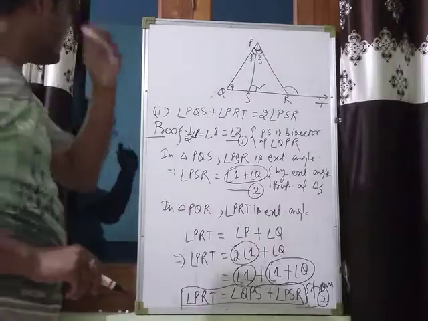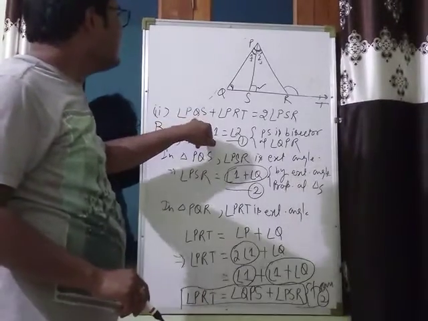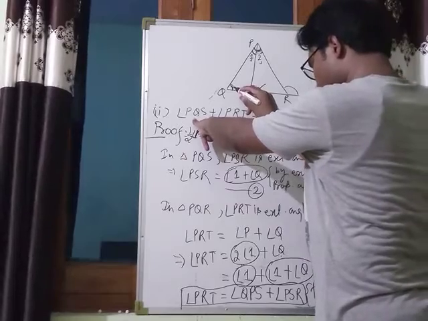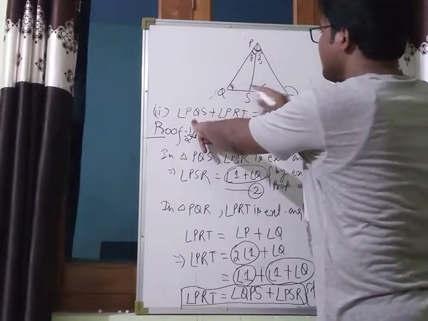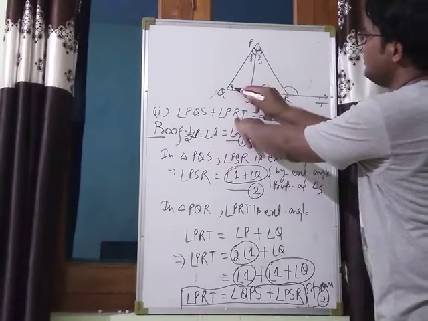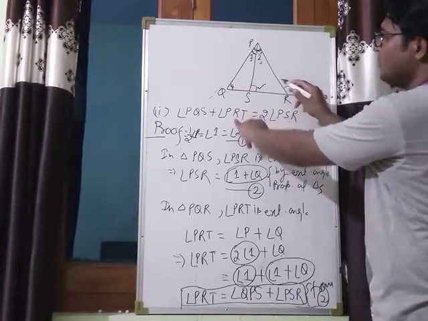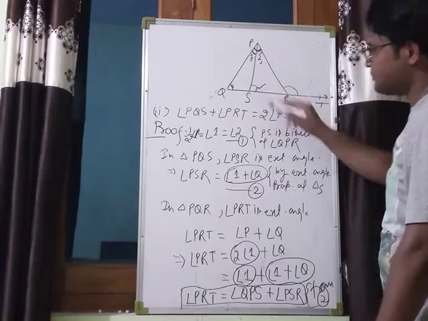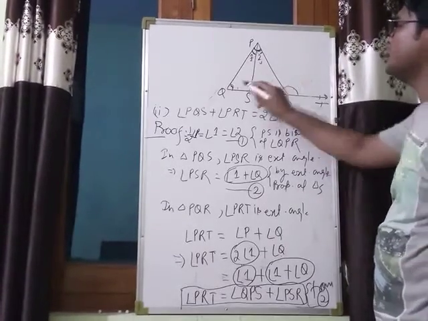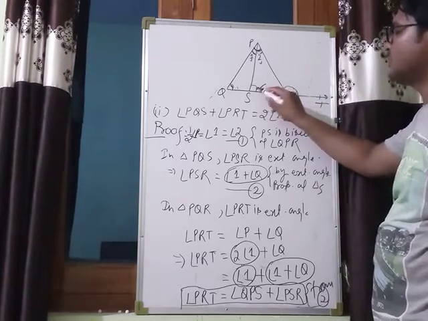We want to prove here in the second: PQS plus PRT. This one plus this one is equal to twice of this one.